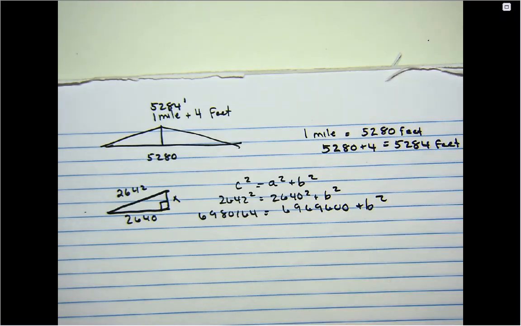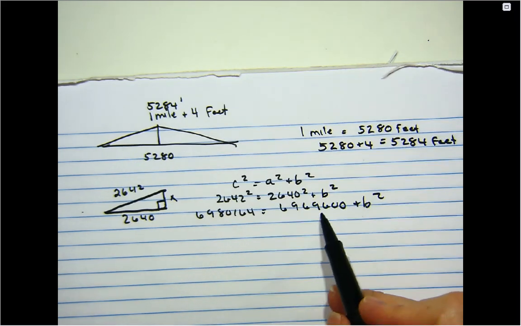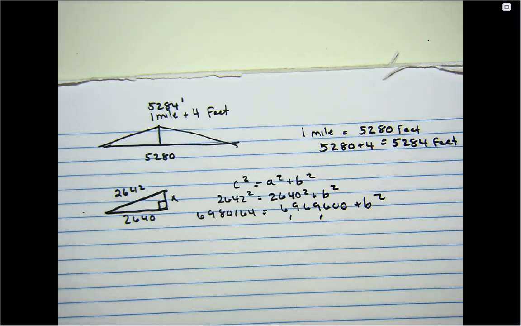and then subtract this. What did that come out to? 6,969,600 from both sides of the equation.